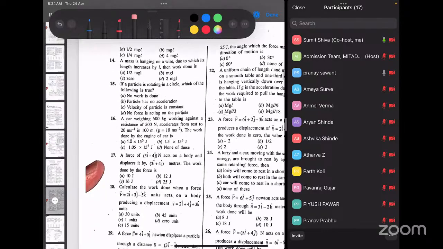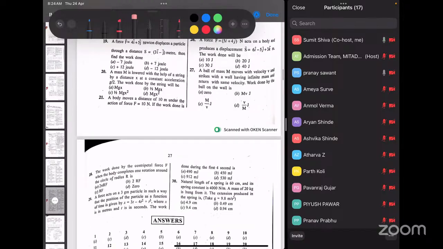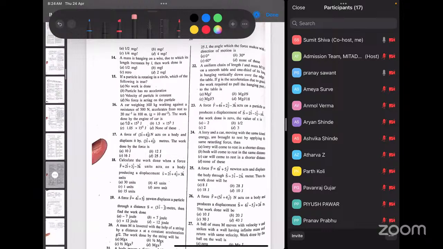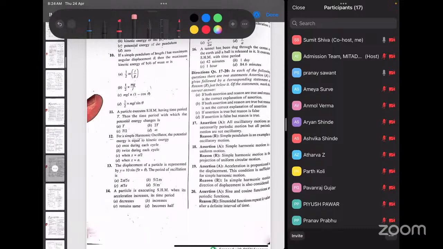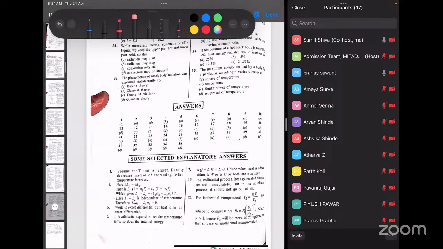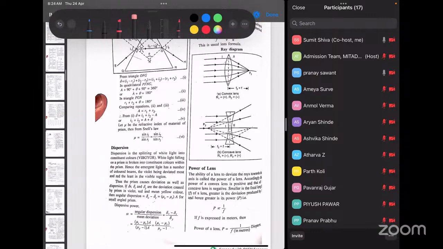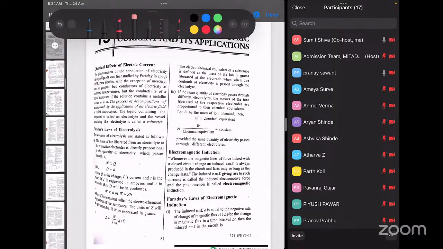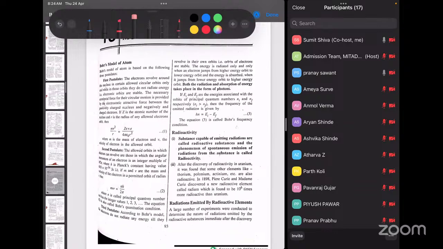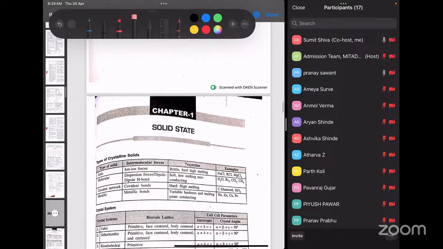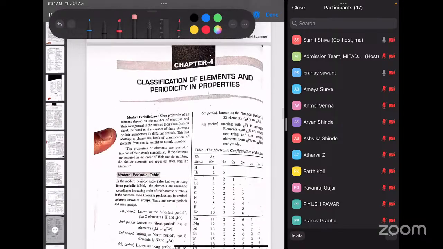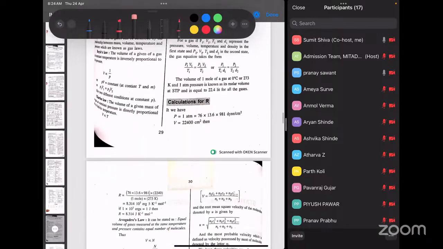Okay, try to solve all other questions. What was the last topic in chemistry? Chemical equilibrium is done.